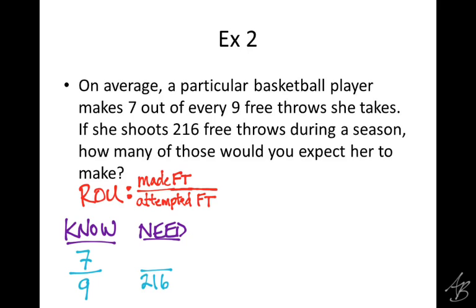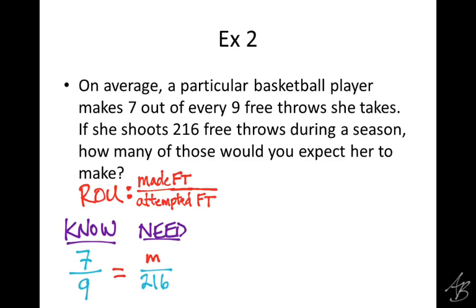Then the question says, how many of those would you expect her to make? We don't know how many she made, so that's going to be what we're looking for here. That's going to be our question mark. But instead of a question mark, we're going to put a variable. M for made? So I'll use M. Again, you can use any variable you want and put an equal sign between them.